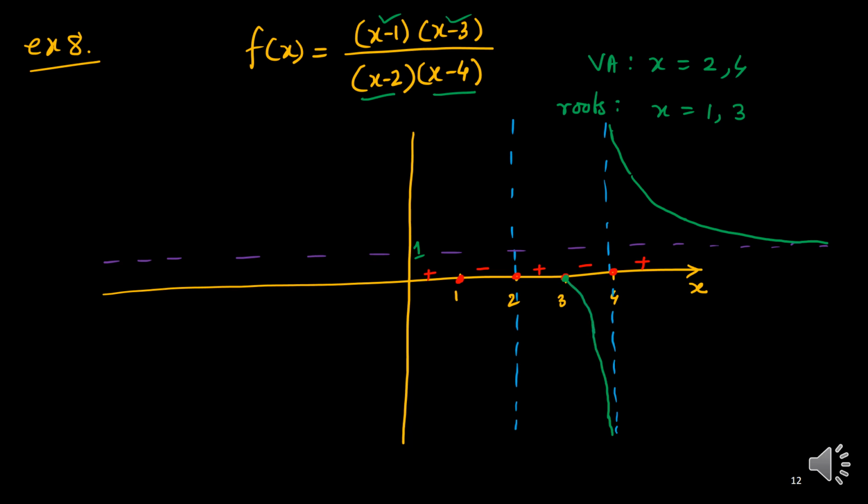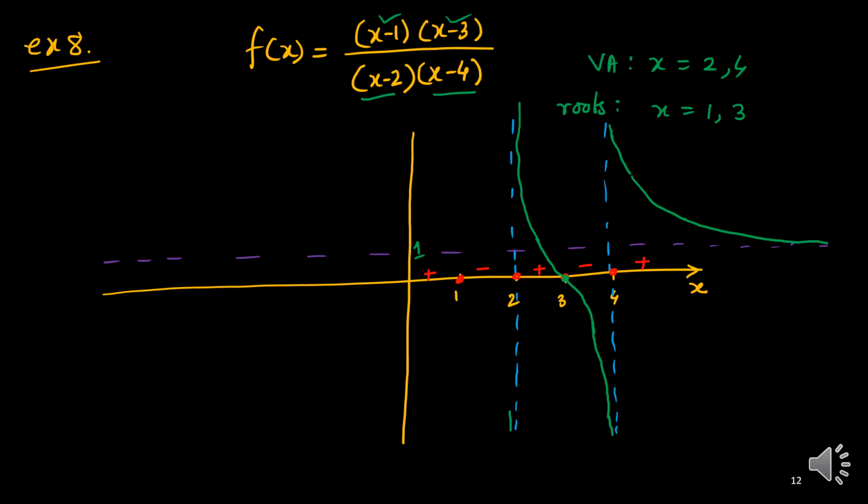Then on the right side, at 2 we have one vertical asymptote, but it's positive, so it is going towards positive infinity. Then less than 2, between 1 and 2, it will start from minus infinity.